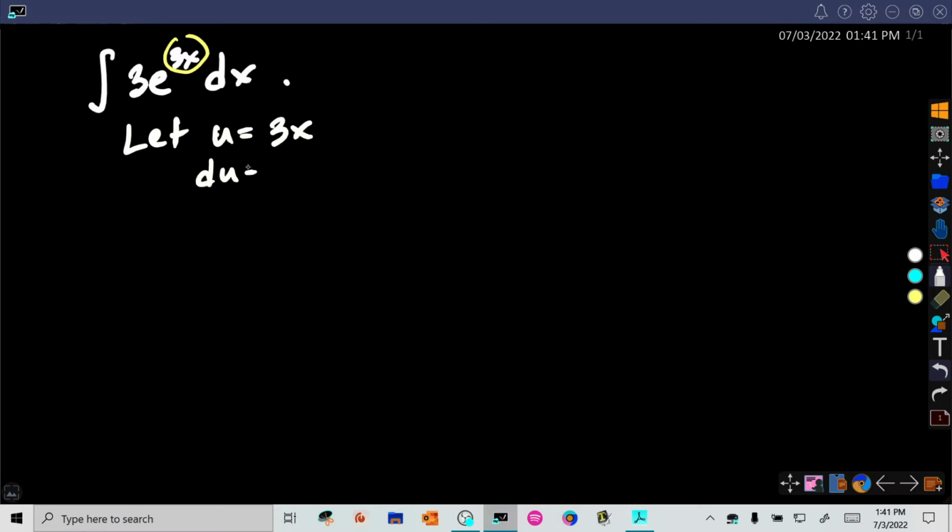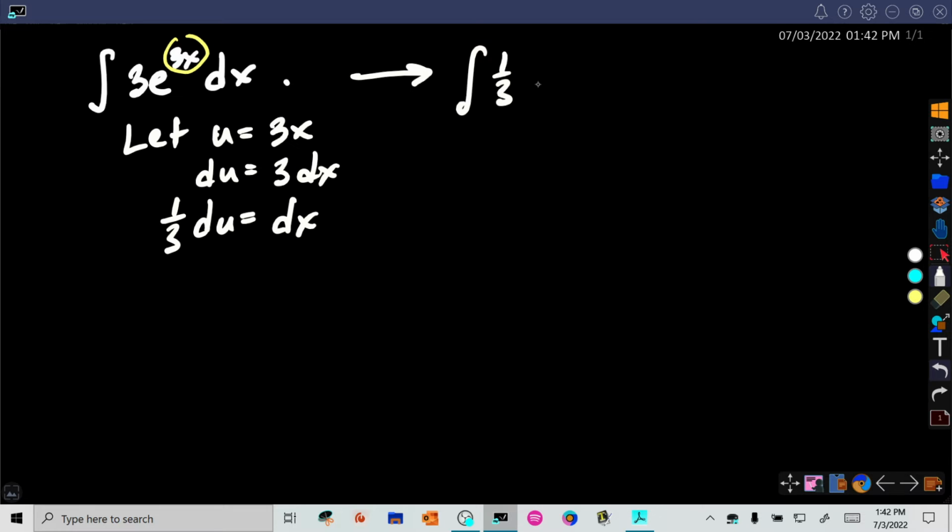Then du, the differential, is going to be 3 dx, the derivative of the 3x, which is just 3, multiplied by the differential of that x. I want to get the dx by itself, so 1/3 du is equal to dx. Just divide both sides by 3, or multiply by 1/3 on both sides, and it's going to wipe that 3 out on the right. And so now I can convert this into the integral of 1/3 e to the u du.